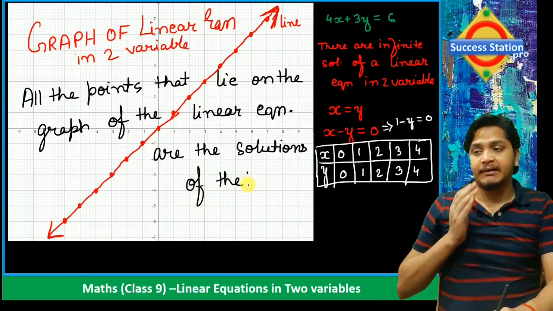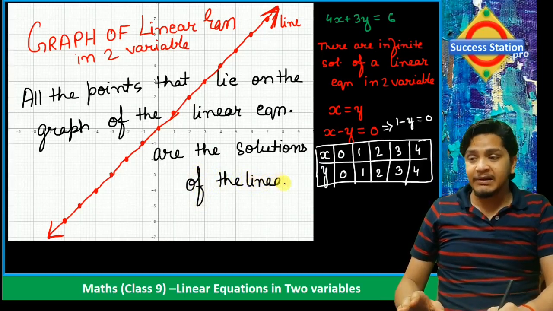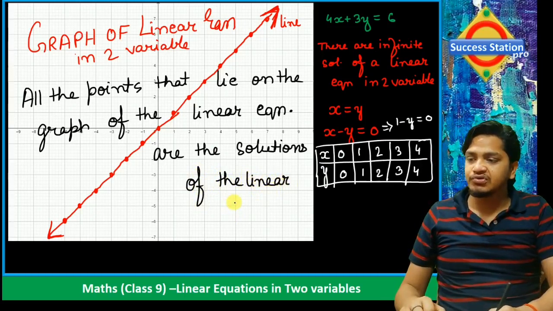So any point through which this line passes is a solution of the linear equation.